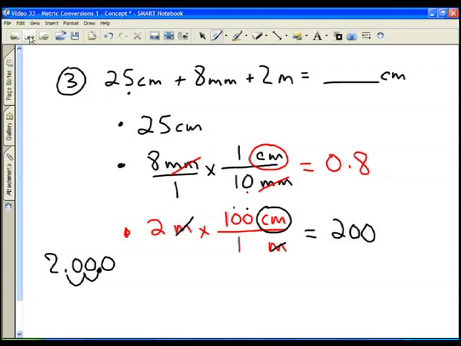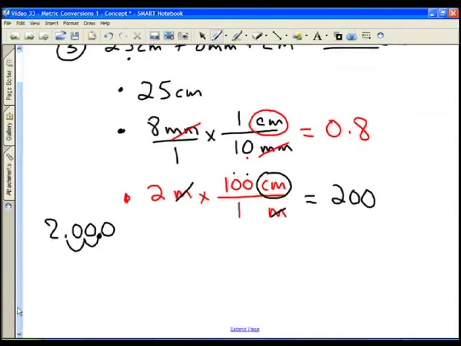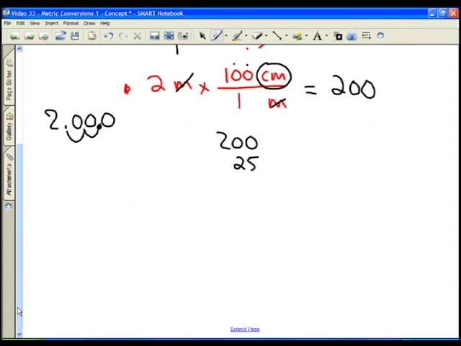So 25 centimeters plus 8 millimeters plus 2 meters is going to be 200 plus 25 plus 0.8. Notice how I stack up all my decimals in a row, and I had to put a decimal in there because of the 0.8.